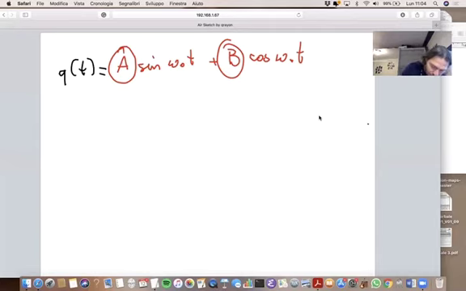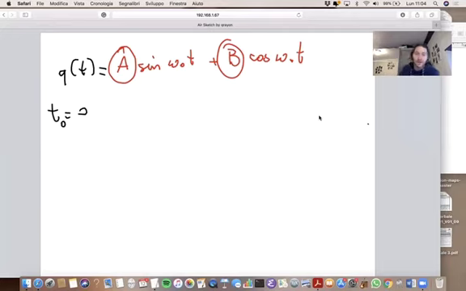Let's suppose the initial time, for the sake of simplicity, we set the clock at the initial time. Doesn't matter how we set the clock as long as we keep track of it.